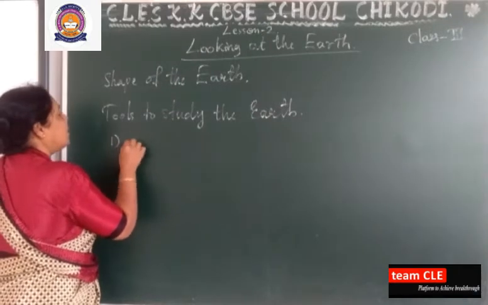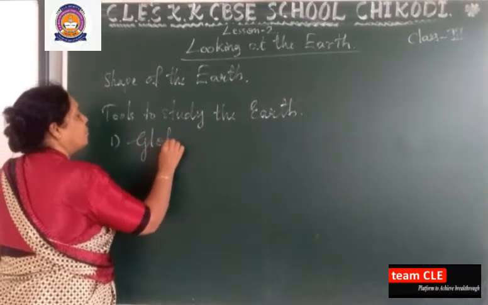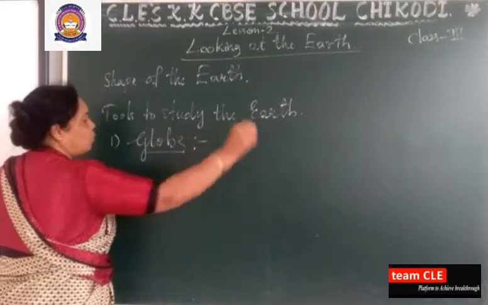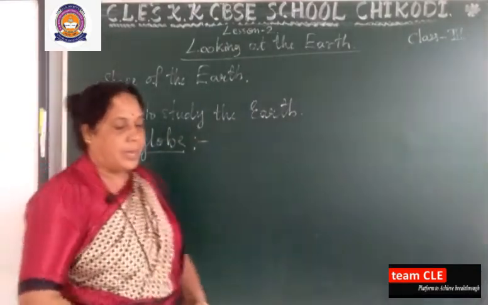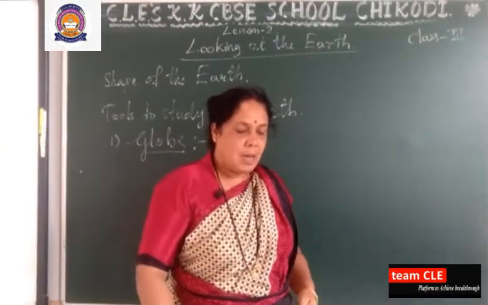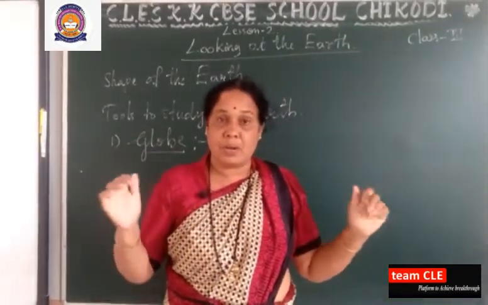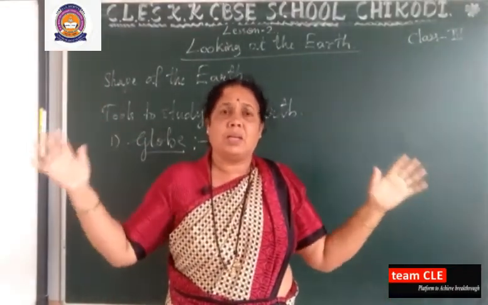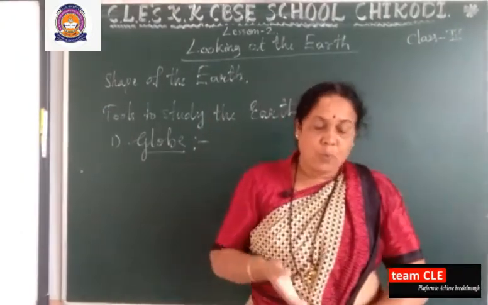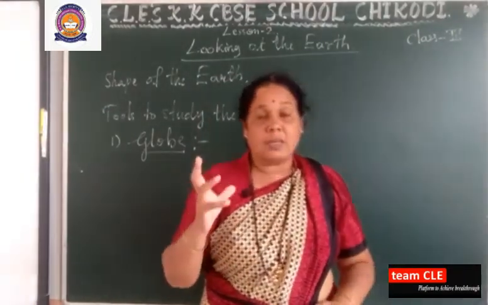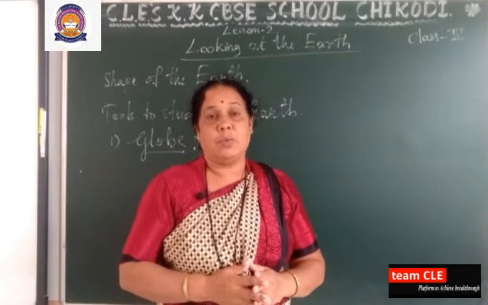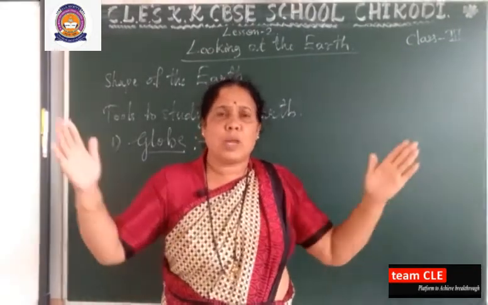So first we will learn about the globe. What do we mean by globe? Yes, dear student, our earth is very big, huge in size, and we need a model of the earth to study it. We need it because the earth is very vast.